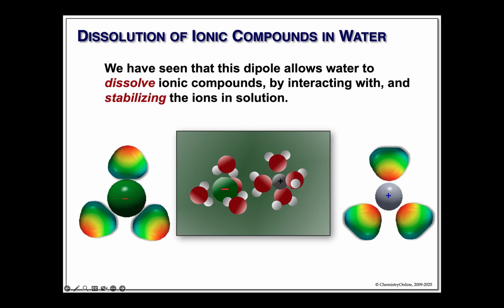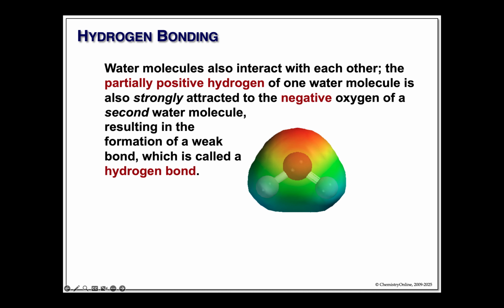Well, water can not only interact with ions, it is a polar molecule and can interact with itself. We have two positive hydrogens here. We have two lobes of electrons up here at the negative end.